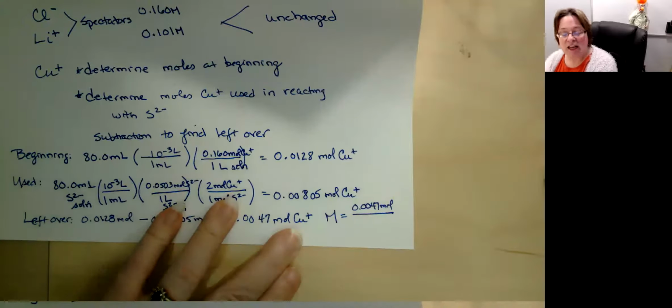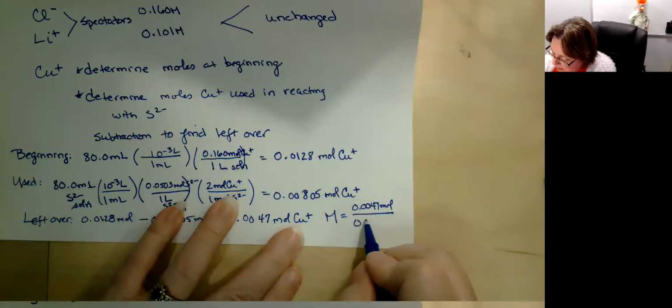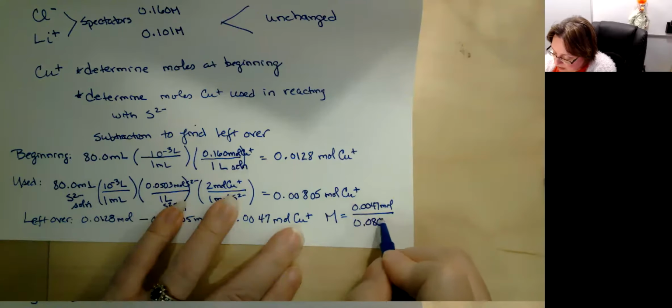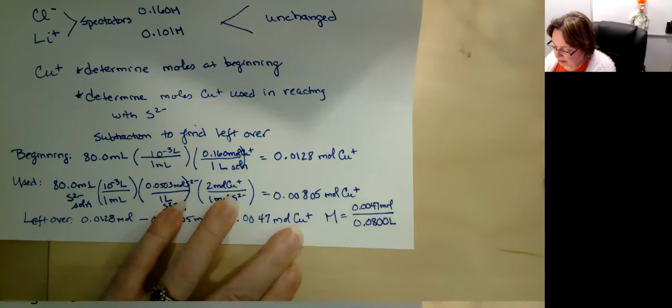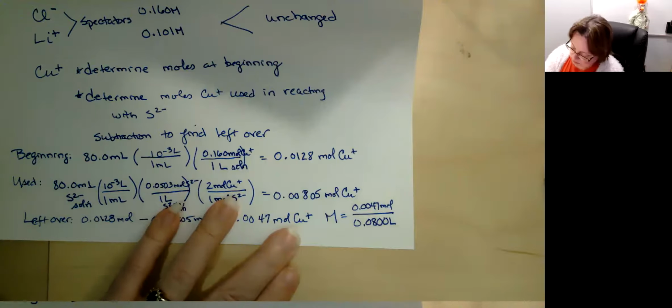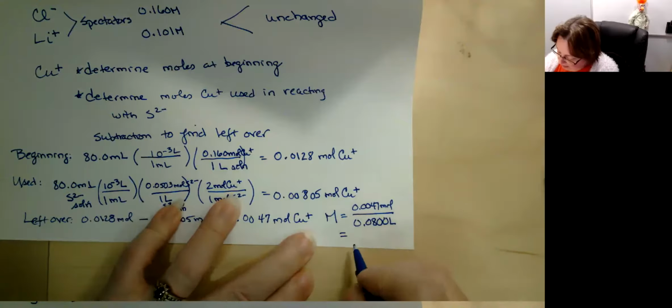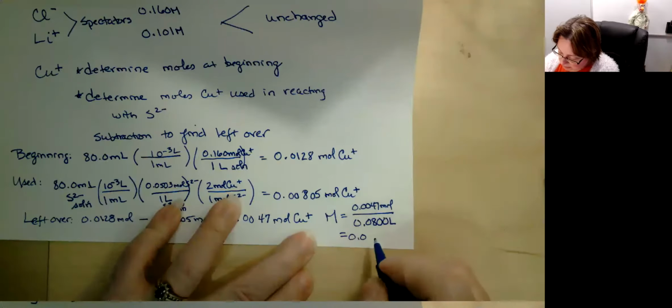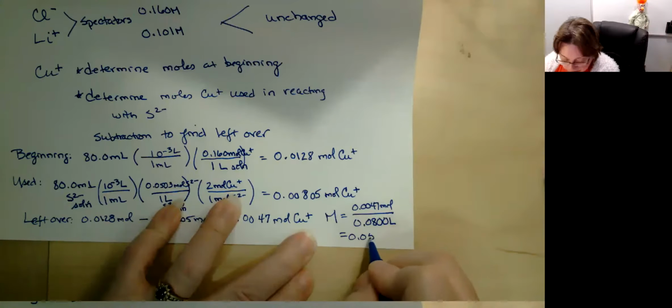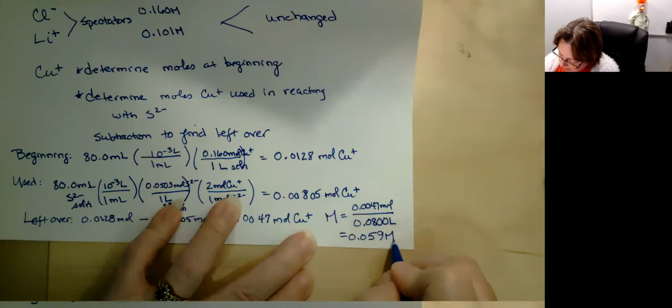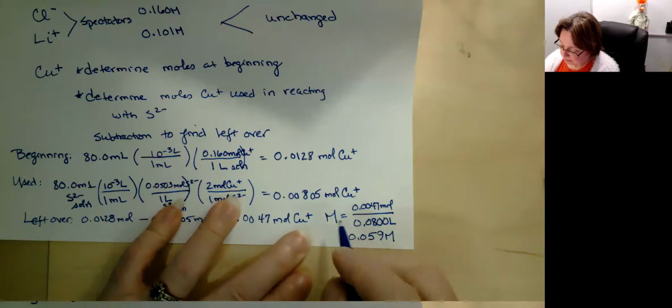Remember, it's in the 80 milliliters. So maybe by now you can do this in your head, 0.0800 liters. Don't lose those significant figures. 0.0047 divided by 0.08. And our molarity of our copper at the end of the day is 0.059 big M, moles per liter.